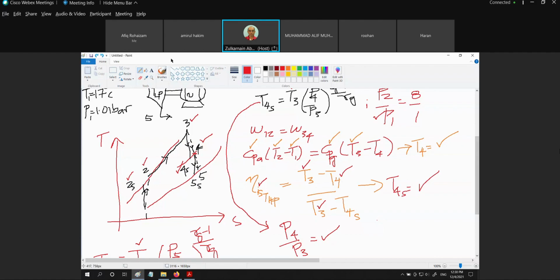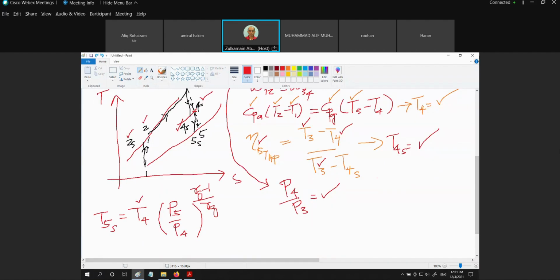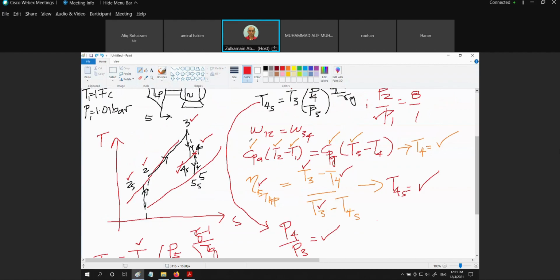So I need this TS diagram in order to look at the relationship between the pressure ratios P3 over P4 and P4 over P5, compared to the overall pressure ratio.